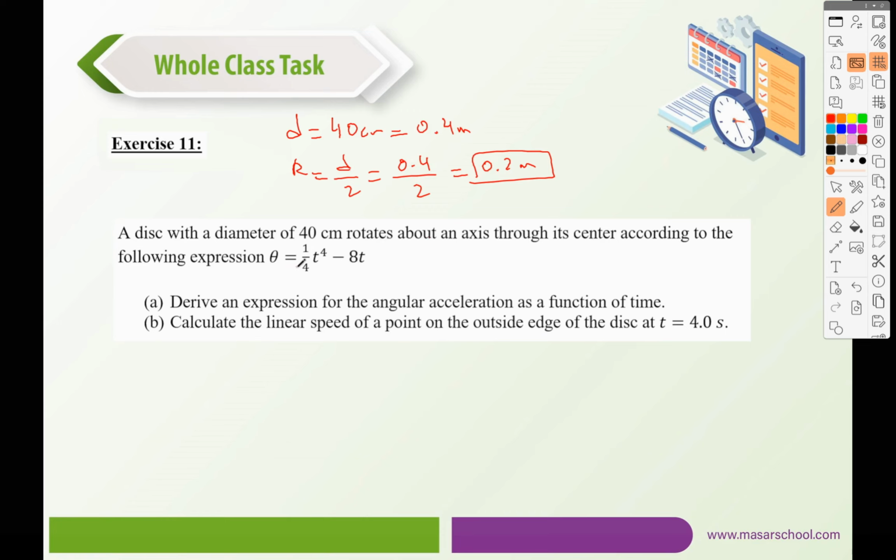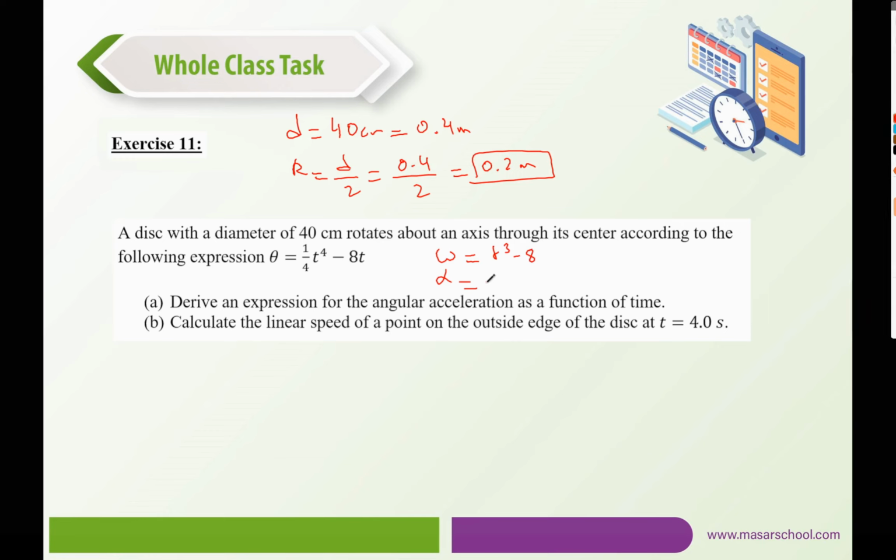It can be computed from theta using derivatives or using calculus because t to the power 4 is undefined as a type of motion. Then omega in this case would be given by t cube minus 8. Then alpha would be 3t square, so for part A, alpha is given by 3t square.